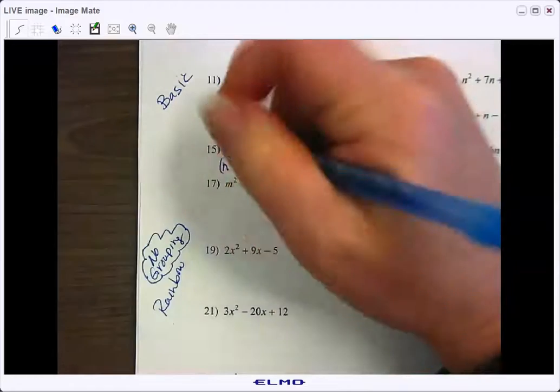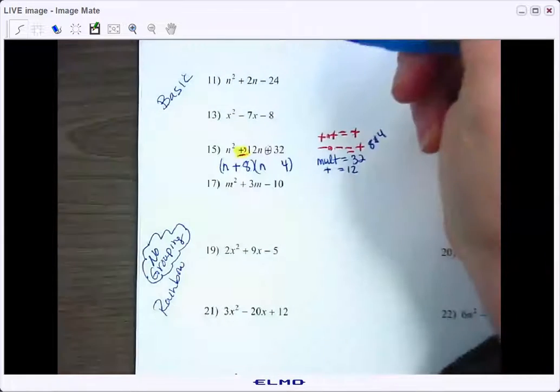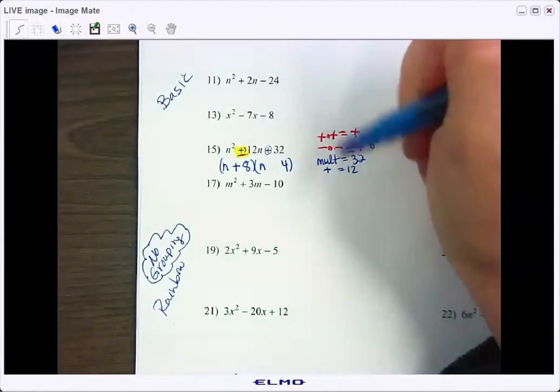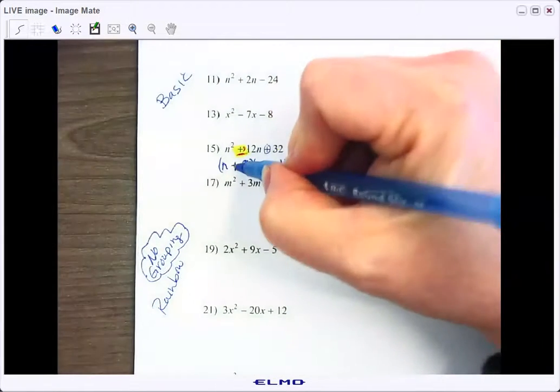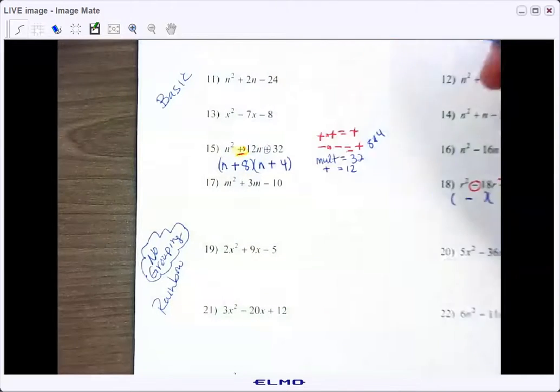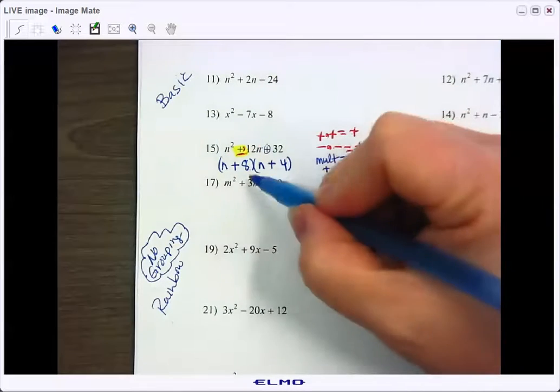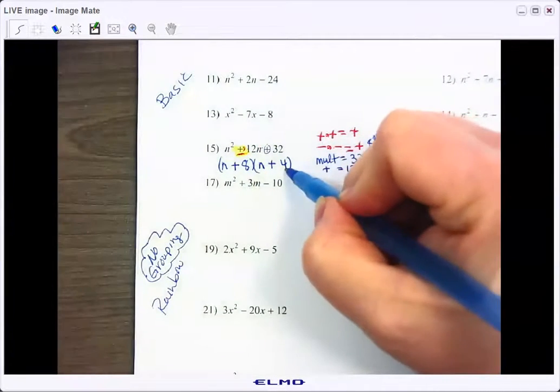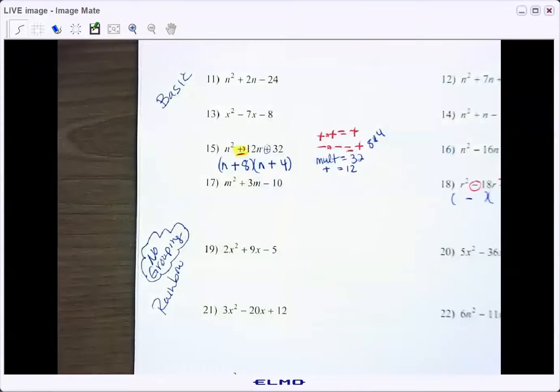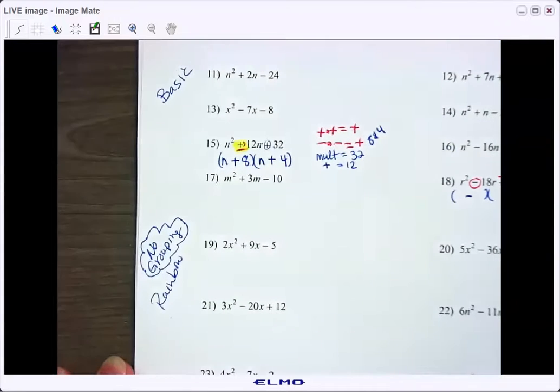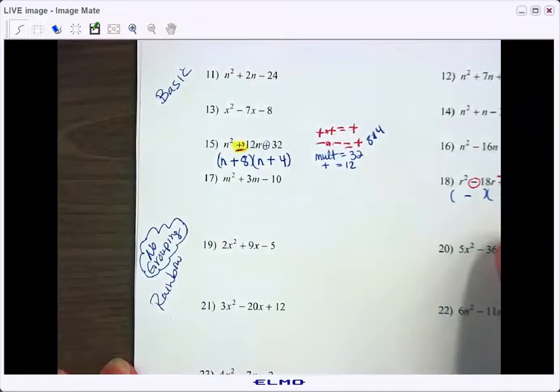Okay. So in this case, we know that the 8 would dominate. That rhymed. 8 will dominate. But a positive times a positive is going to give me a positive. And we know that 8 plus 4 is going to equal 12.